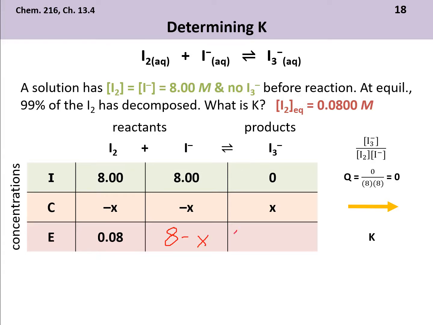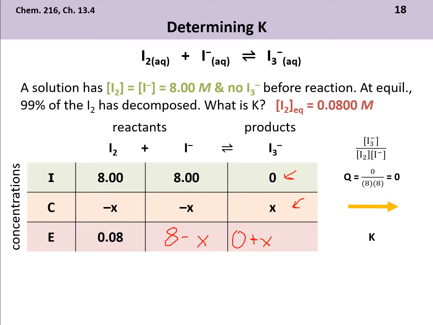Here I'm going to have 0 plus x. Why? Because if this is my initial and this is my change, this is what I'm going to have at equilibrium. Remember, if I start off with $0 and my change, the amount of money I get is 50, I'm going to end up with 50. 0 plus 50. All right.